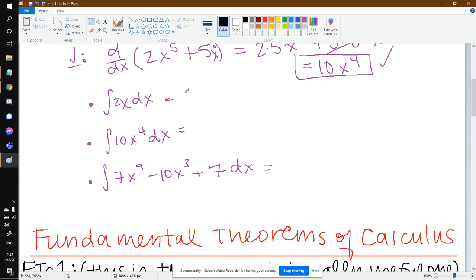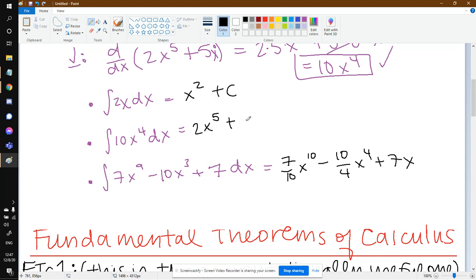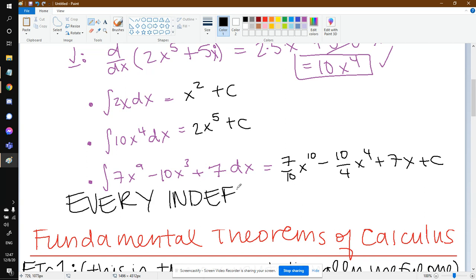The answers are we take the antiderivative, as we've been used to doing it, but on the back, we add plus c for deference to the fact that if we had a constant there, it would just go away if we did the inverse operation and took the derivative. So every indefinite integral problem.